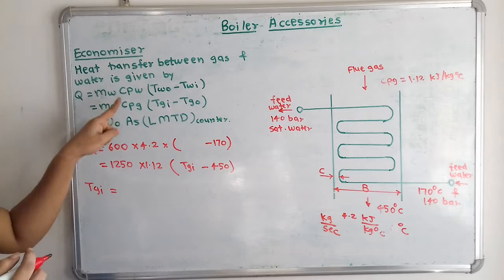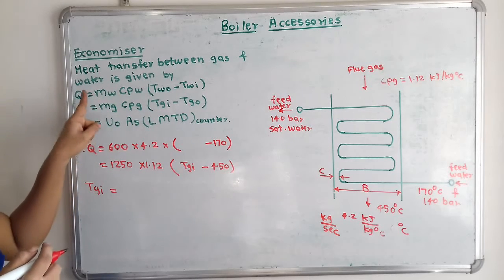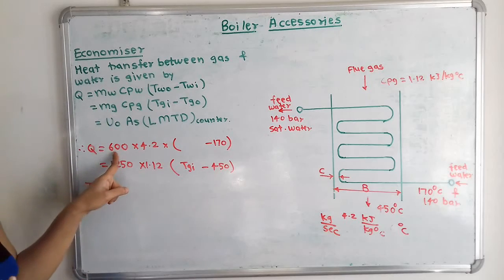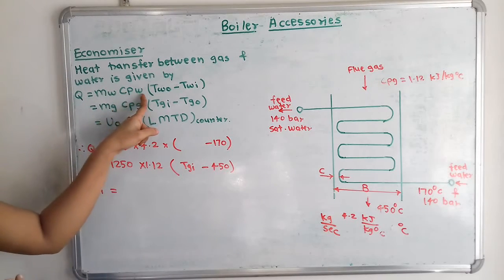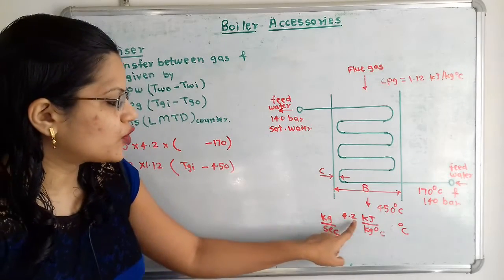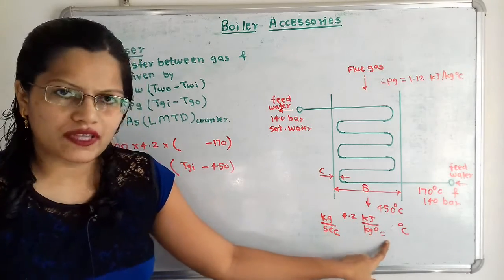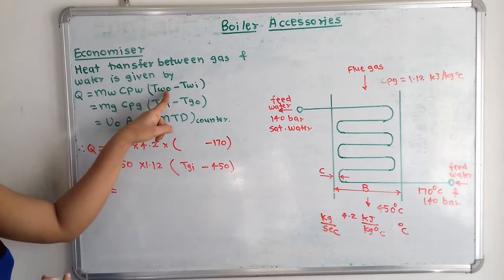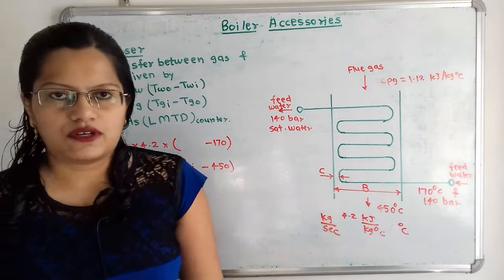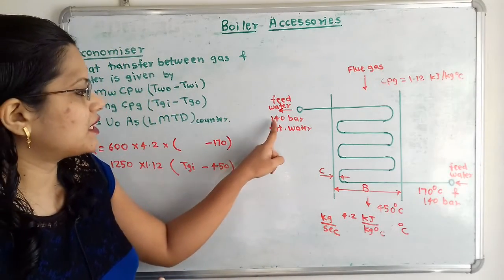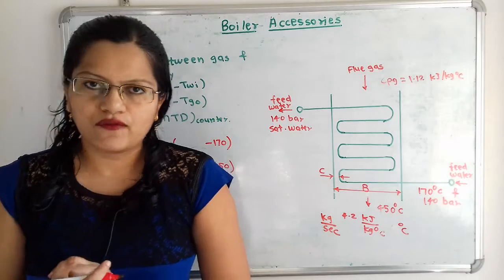Now we will first solve this. The mass flow rate of water is 600. Then the specific heat of water is not given, and it is equal to 4.2 kilojoule per kilogram degree Celsius, so we write 4.2 here. Now the outlet temperature of feed water. What is the condition for the outlet temperature? It is saturated water and the pressure is 140 bar.